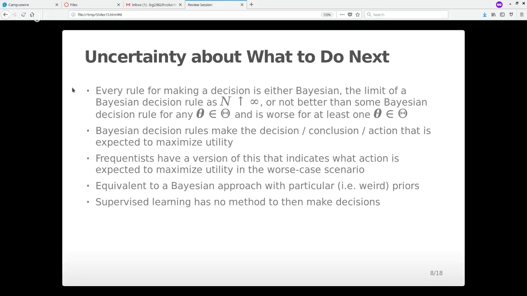But you can just evaluate the distribution of utility, or a bunch of draws from the distribution of utility, for different decisions that you might make, and then choose the one that has the highest expectation. That is a very principled way to make decisions that follow from an analysis that's being done. Of course, you have to specify your utility function along with everything else that goes into Bayesian analysis. But once you do, it's a very principled way to make that decision.